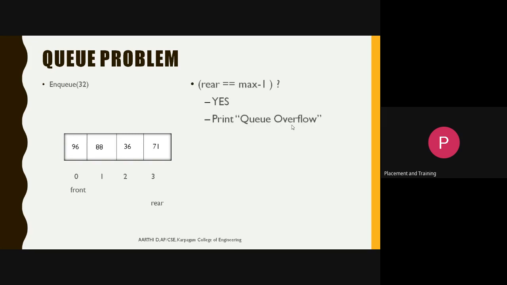Now you can see I have 4 elements, which means my queue is full. Now I want to include another element, so I check whether my rear has reached the maximum index it can. Yes, it has reached the maximum index. My size is 4, and it has reached index 3. As this is true, I'm going to print queue overflow, and you can't insert any more elements.